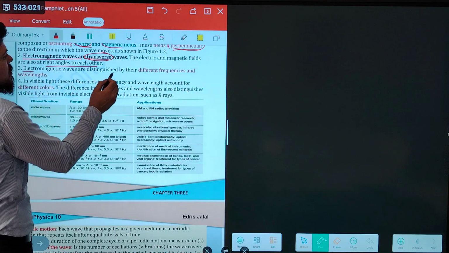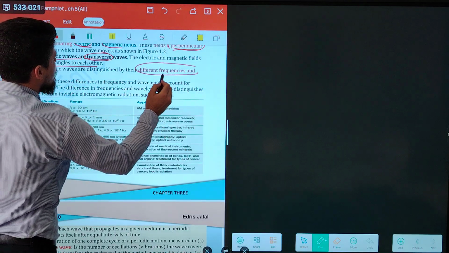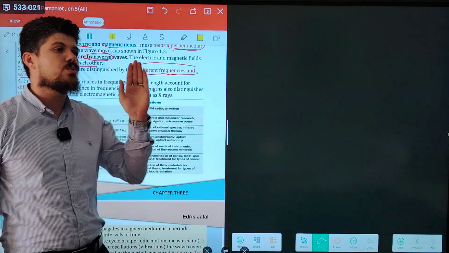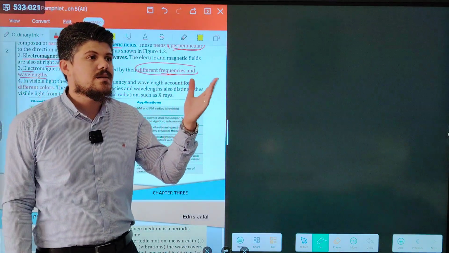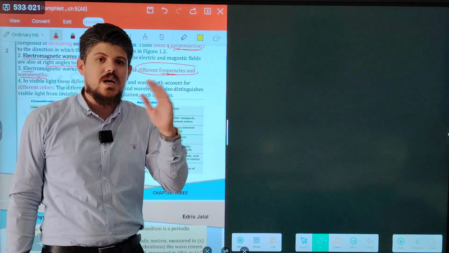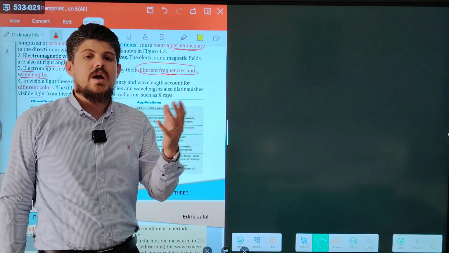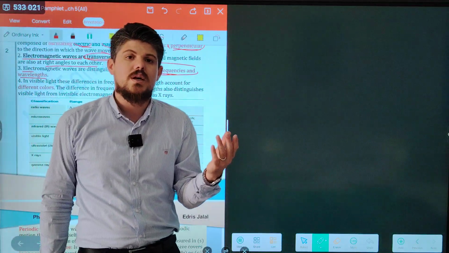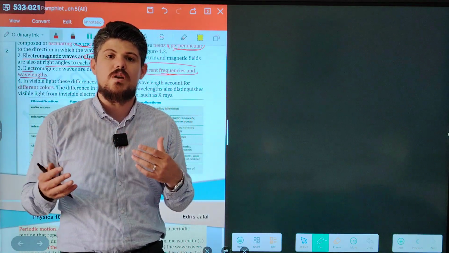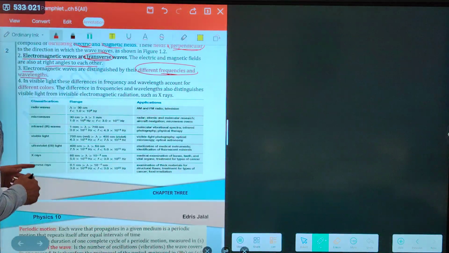Electromagnetic waves are distinguished by differences in what? Frequencies and wavelengths. So what is the difference between a microwave and an X-ray? They are different in frequency and wavelength. The frequency of an X-ray is not equal to the frequency of a microwave or radio wave. They have different frequency and wavelength, but the same speed in a given medium.